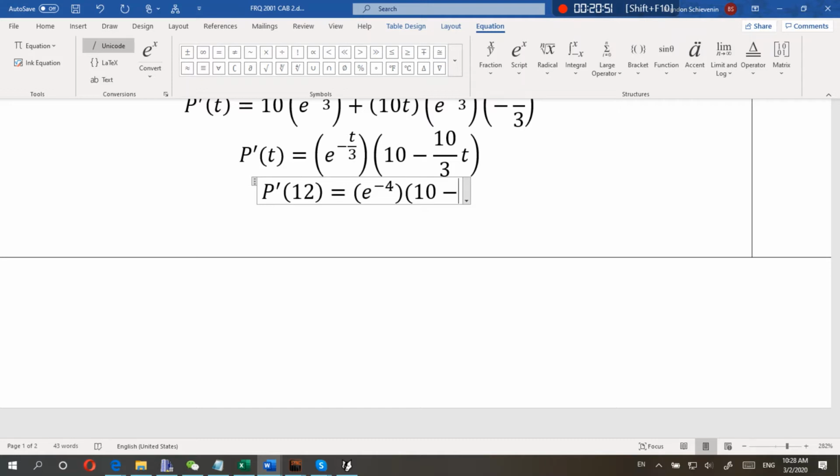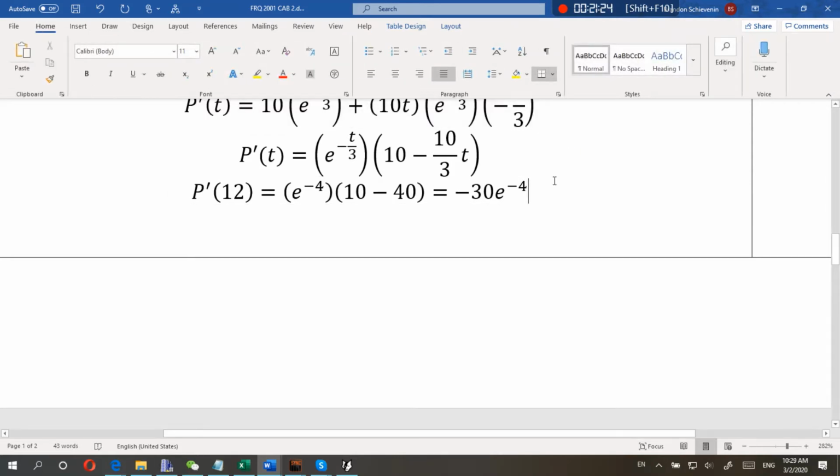What's 10 thirds times 12? 10 over 3 times 12 is 40. So this should be negative 30 e to the negative fourth power.